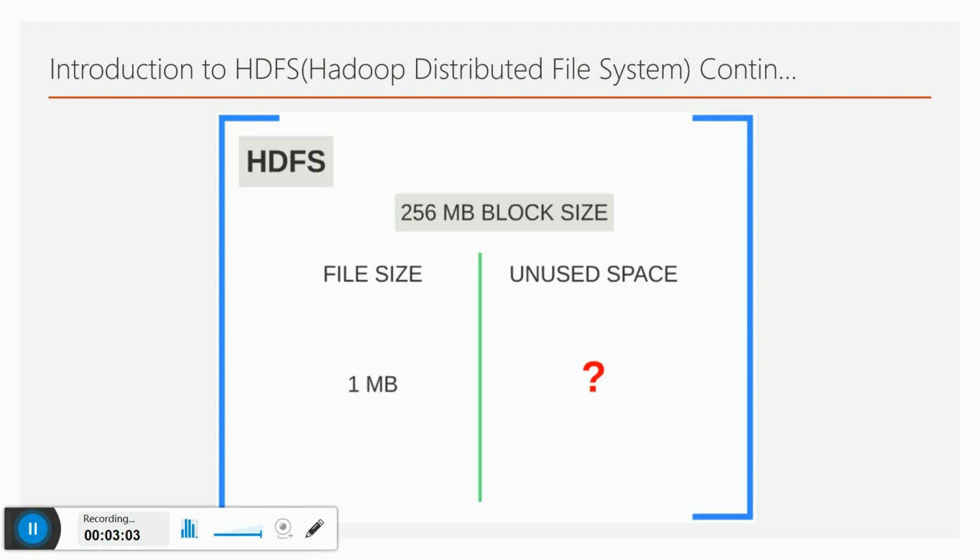Whenever you copy or move a small file, say a 1 MB file, to HDFS, the default block size in Hadoop 2.0 is 128 MB, so it will create a block of 128 MB.